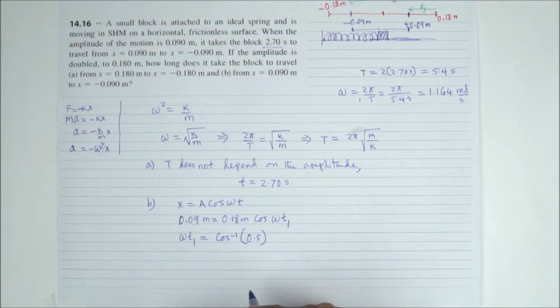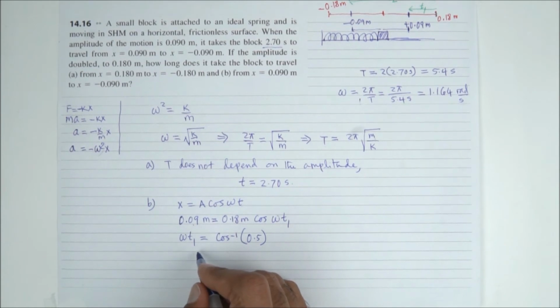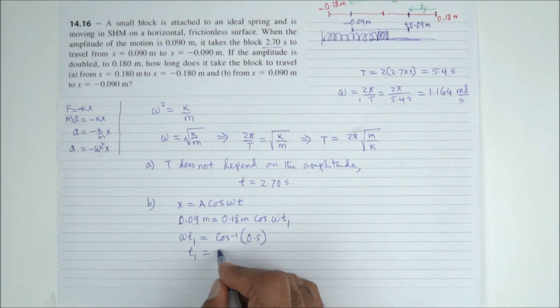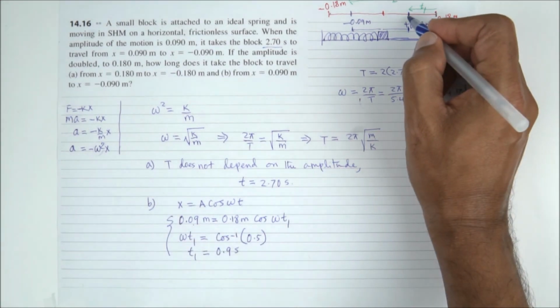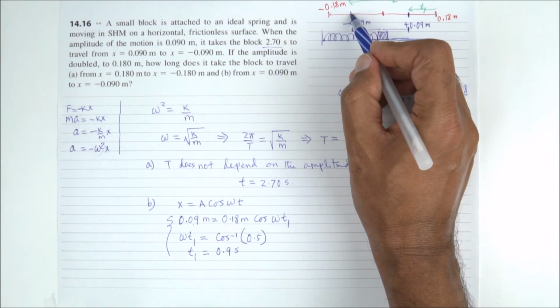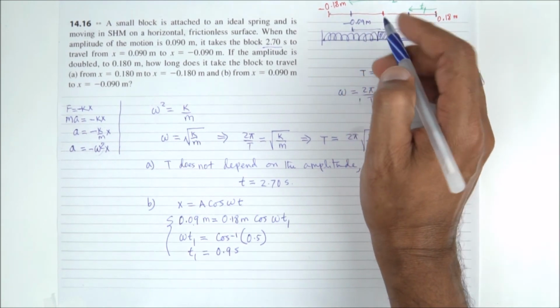If you use that, you will get T1 equal to 0.9 seconds. That's for this location. Now go to another point, which is negative 0.09.